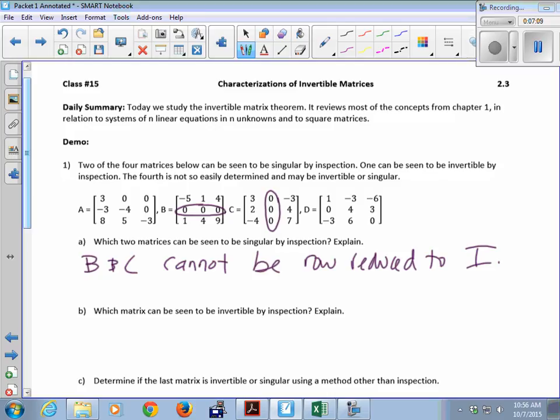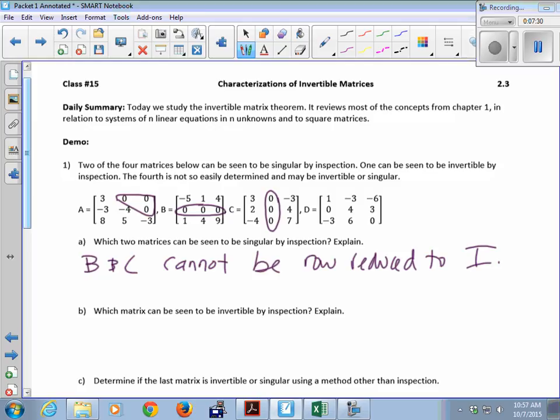Right. So in A, that's an important thing to notice is the triangular zeros there. What does that tell you about the numbers on the diagonal? They're pivots. Yeah. So which of those matrices is invertible? A. Yeah, because it has 3 pivots.